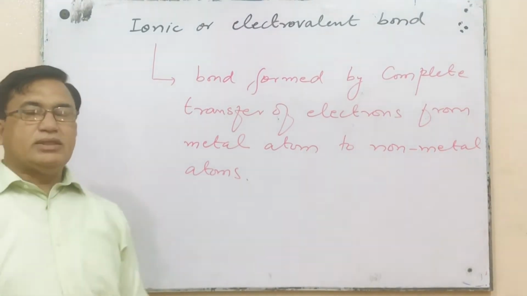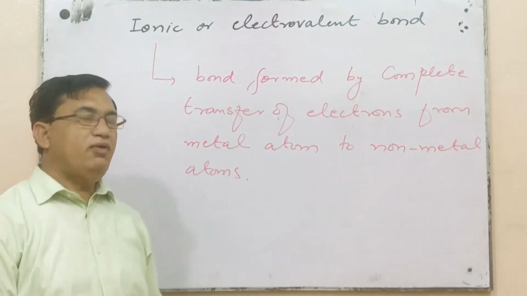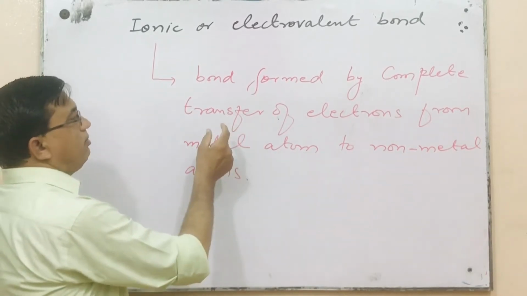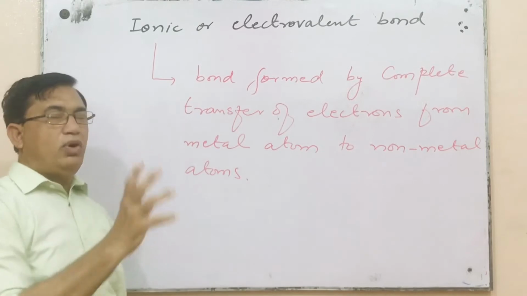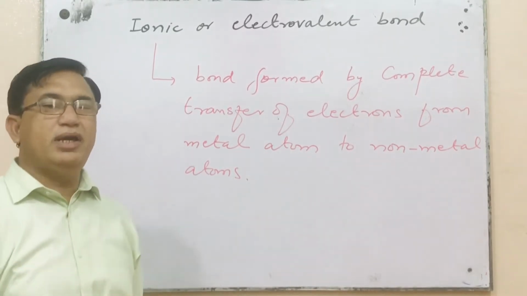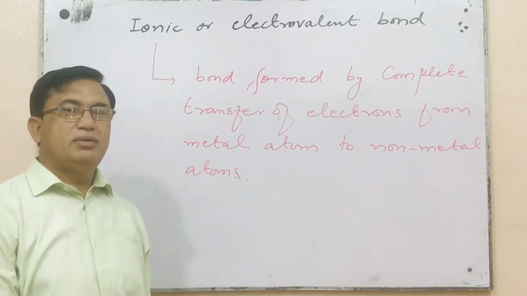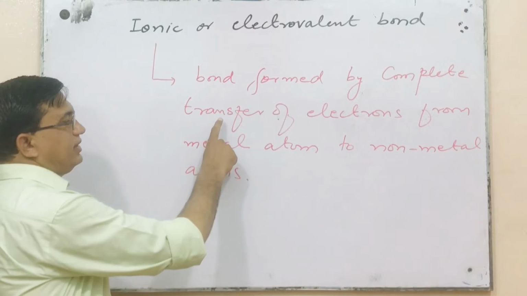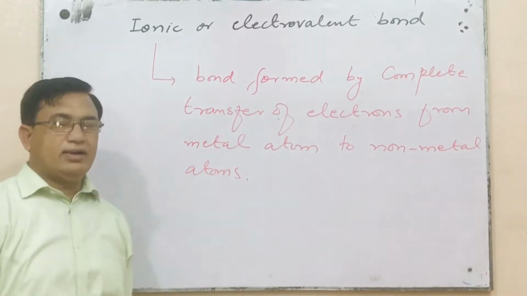In the previous lecture, I have explained what is bond. Bond is a force of attraction that might be created by any process. One of the processes is due to the transfer of electron.